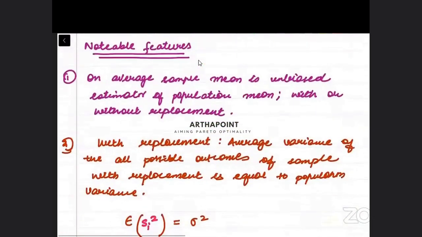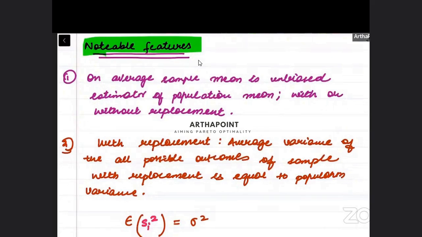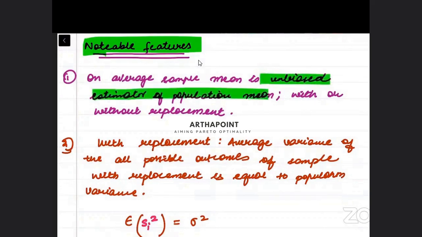Now, there are some notable features that you must make a note of. First of all, whether I talk about the sample mean with replacement or without replacement, it is always an unbiased estimator of the population mean.